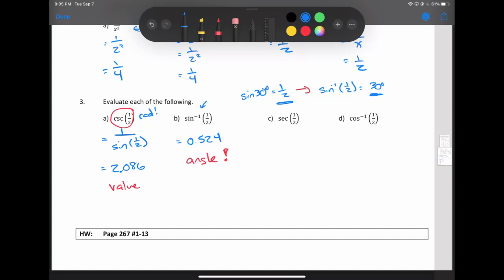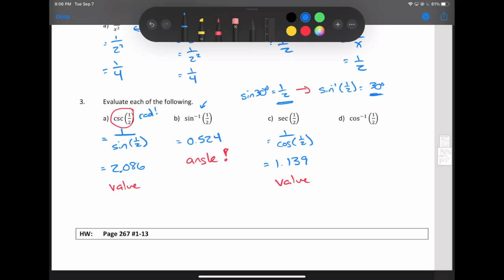Similarly, secant 1/2 is 1 over cos 1/2, the 1/2 being an angle in radians. So 0.5 cos, then 1 over, is 1.139. And again, just as a reminder, that's a value, not an angle.